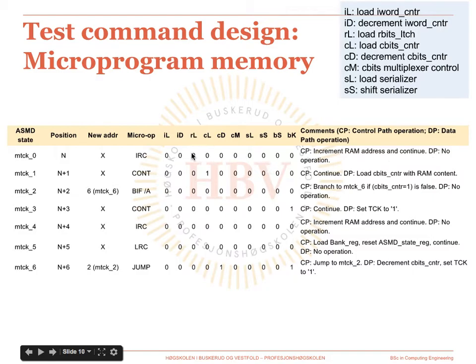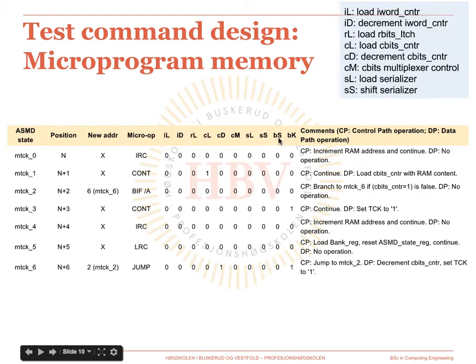The control path operations are indicated here in the micro operations column field, while the data path operations are indicated individually for each signal. IL to BK: IL is the load signal to the integer word counter, and so on to the SS, which is the shift serializer control signal. They are all indicated on the top right of this slide.